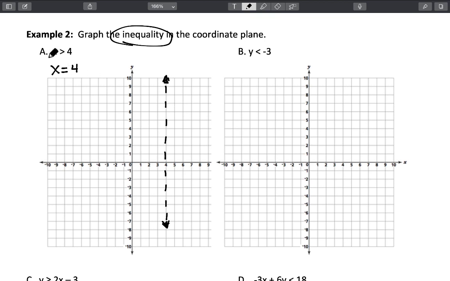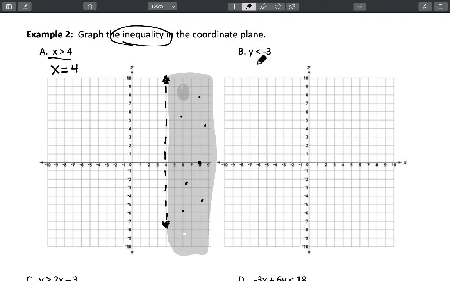Now I want all the x's greater than 4, so any point over here to the right is going to have an ordered pair where x is greater than 4. So I need to do my shading on this region to the right of my vertical line, right up to that boundary line. And there you go. This half plane here contains my solutions to this inequality.